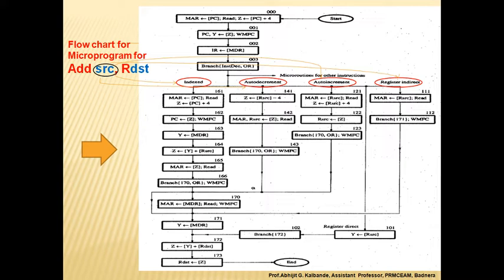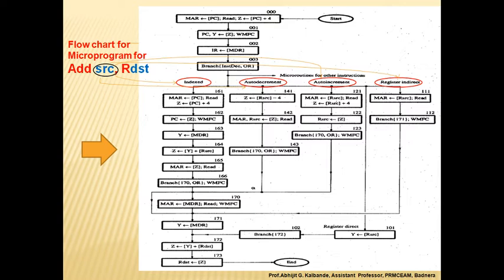For the example, we will consider here the flowchart of the microprogram for add src, rdst, which adds the source operand to the content of the register rdst and places the sum in rdst, the destination register.